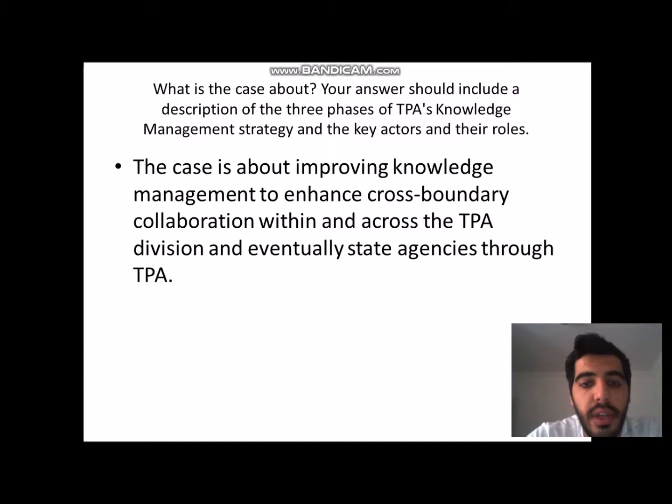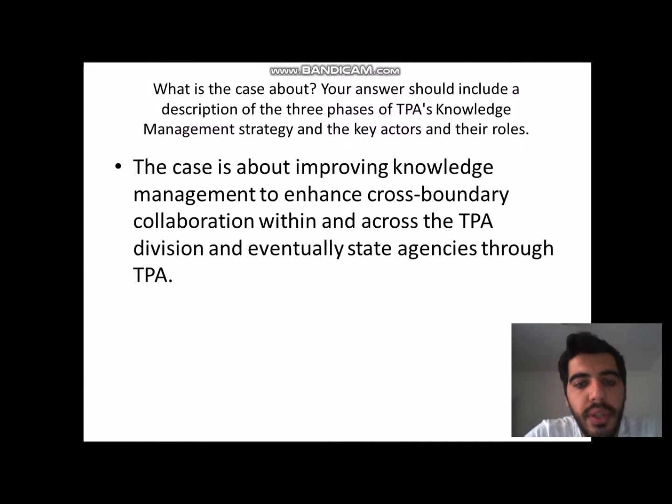In enhancing the TPA divisions' collaboration through the sharing of information, the use of SharePoint servers, combined with the Microsoft Project Server knowledge management system, is going to be essential. This project shall include three phases. Phase 1 shall entail identifying collaboration opportunities within and across the three divisions of TPA.